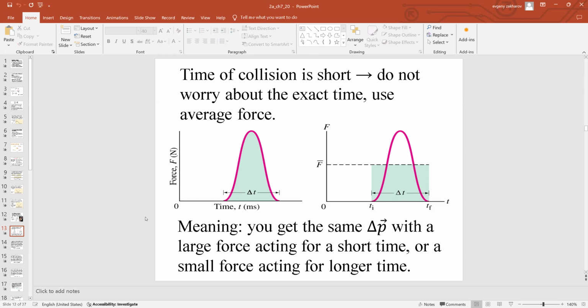That's perfectly fine for an algebra and trigonometry based class. For a calculus class, of course, you will do the antiderivative and calculate the exact area below. That would be the way to do it, but not for this class. Don't worry about the exact area, just use the average force.